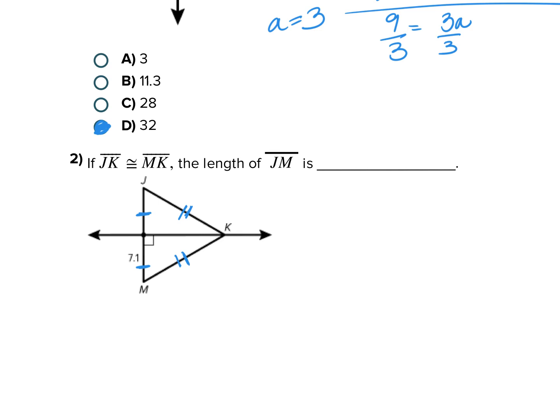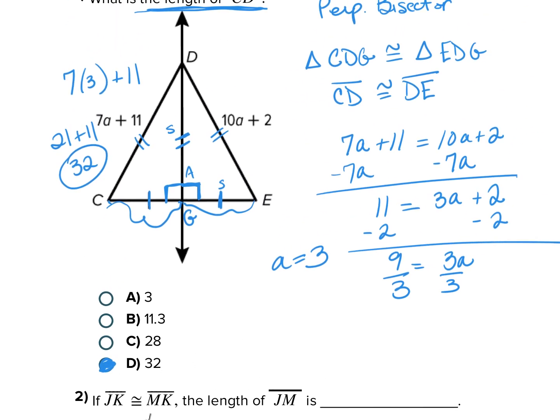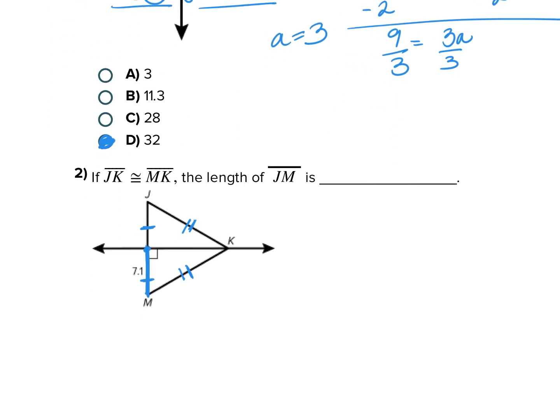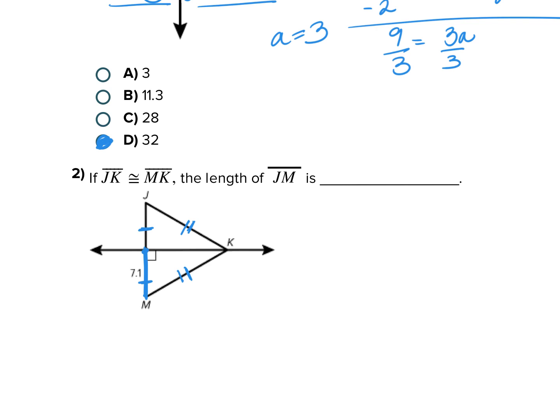Okay, so if you'll notice, from here to here is 7.1. So just like in this diagram, CG was congruent to GE, same thing here. This is also going to be 7.1. But that's not what it asks. The question asks for the length of JM.